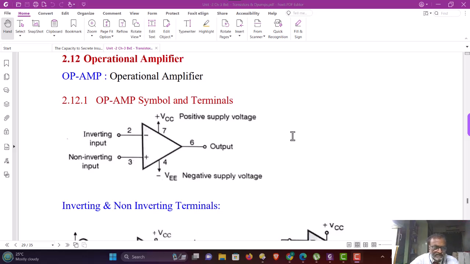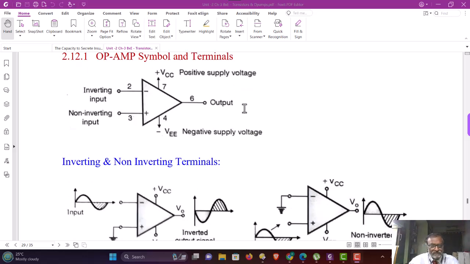Whereas when the signal is connected to the non-inverting input with other terminals grounded, the output is non-inverting, meaning in phase with the input signal. The op-amp is shown by a triangle symbol and it also indicates the signal flow direction from input to output.